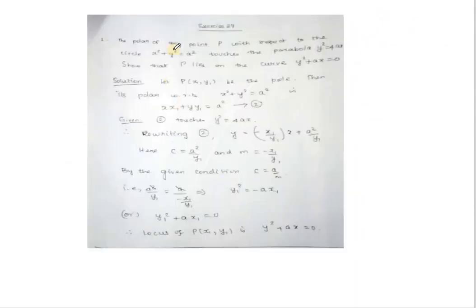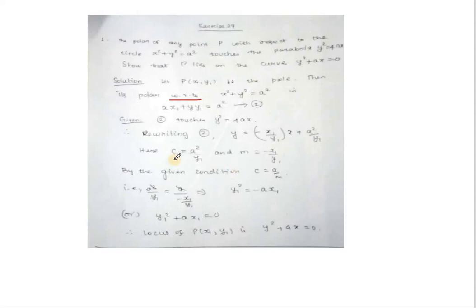And this: the polar of any point P with respect to the circle touches the parabola y square is equal to 4x. Show that P lies on the curve. Similar to the previous one, you write the equation of the polar with respect to the circle. So you have this, and because it touches, the condition should be used.